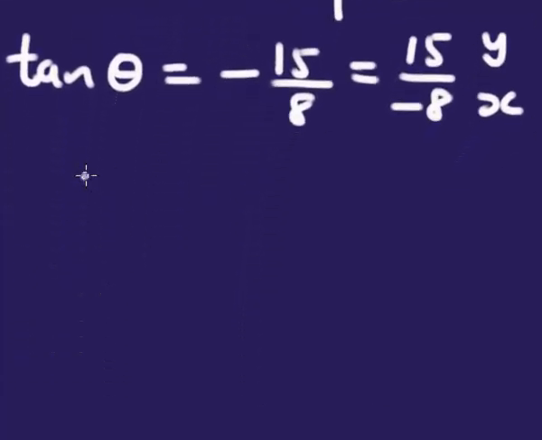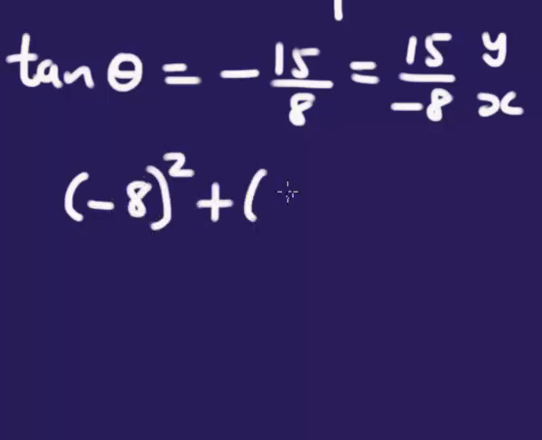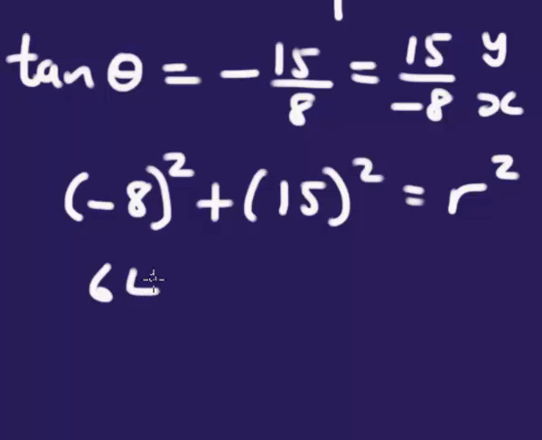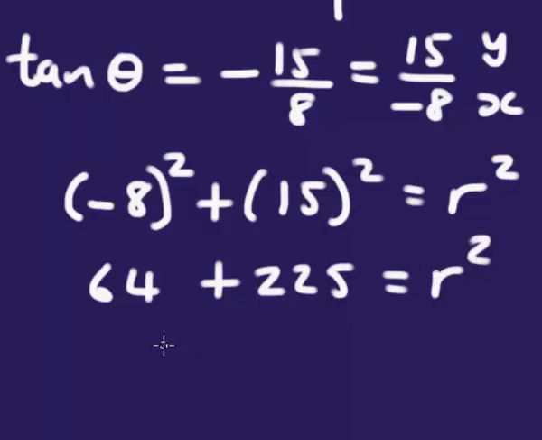So it's x squared. Notice, very important, x is negative, the y is positive, and we're working out r squared. That's 64, and 15 squared is 225, and if you add that, you get 289 is r squared.